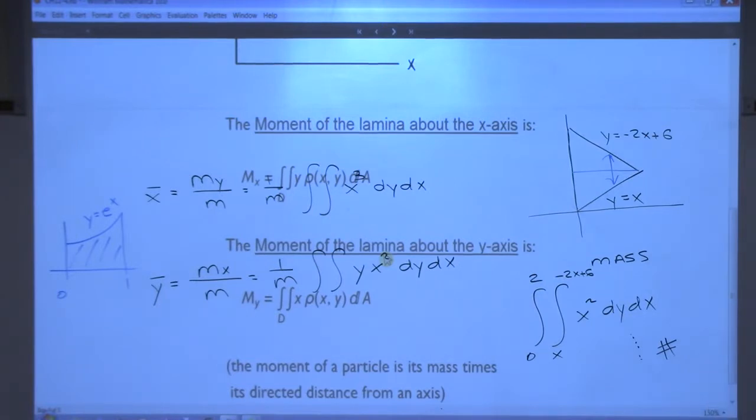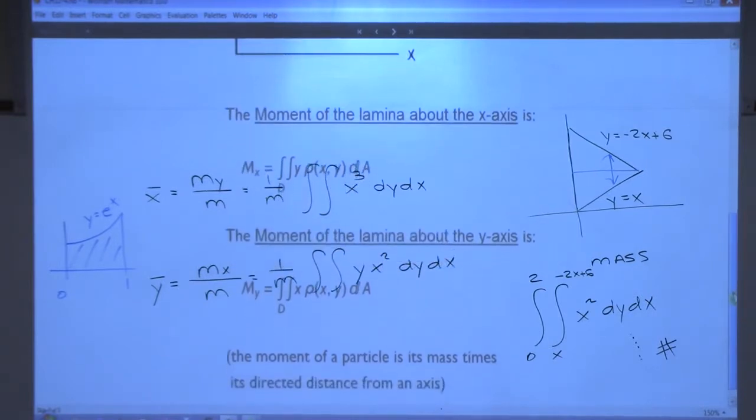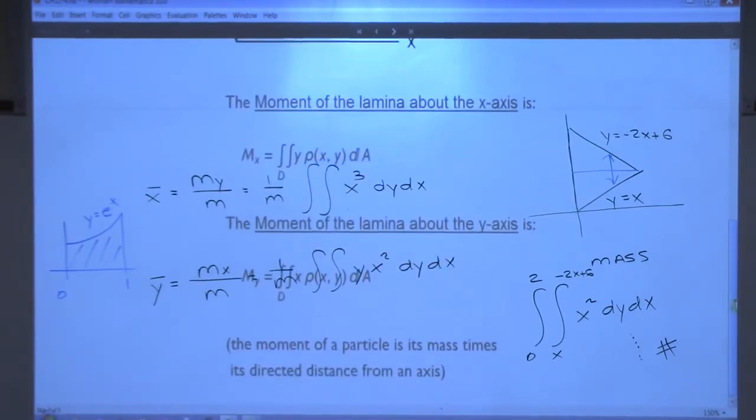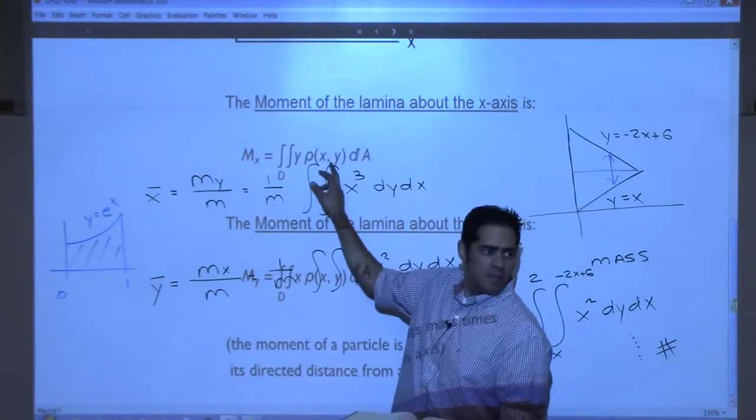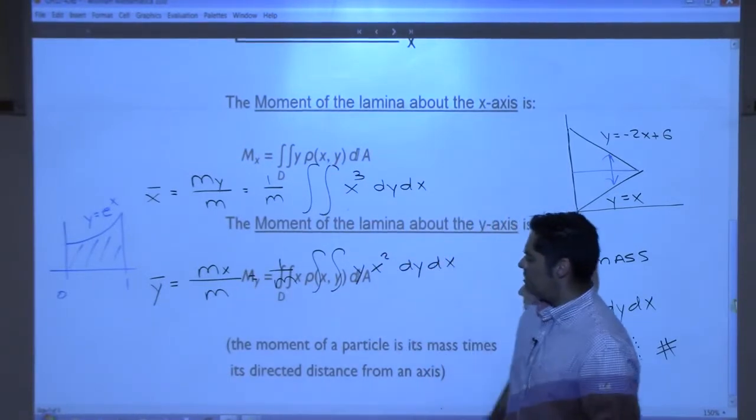The moment equations are correct. Does that match what you have in your notes? The moment equations, there they are. So the moment of the lamina about the x-axis is y times the density function. Moment about the y-axis, x times the density function.